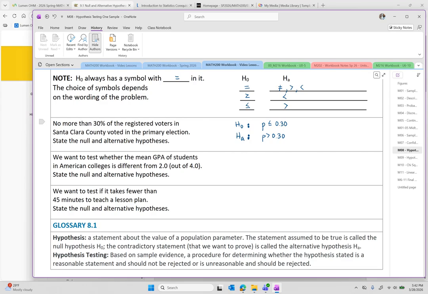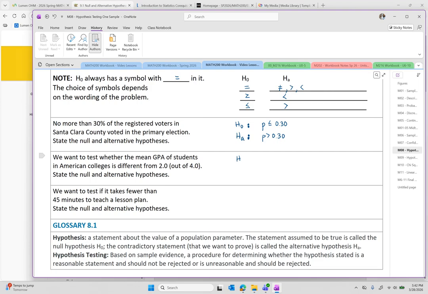We want to test whether the mean GPA of students in American colleges is different from 2.0. Your goal is the alternative hypothesis. So the different that doesn't have the equal sign is the alternative hypothesis. What is the null hypothesis?